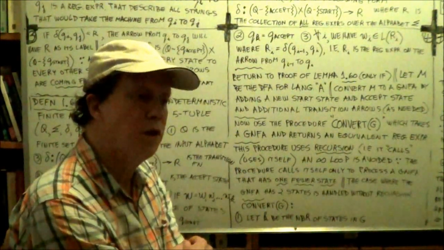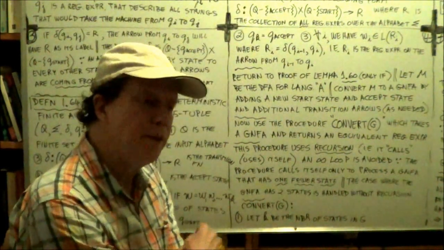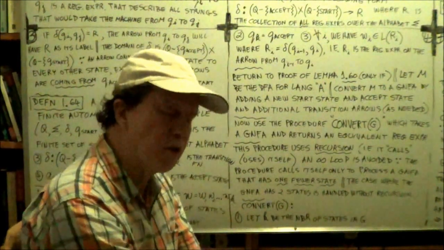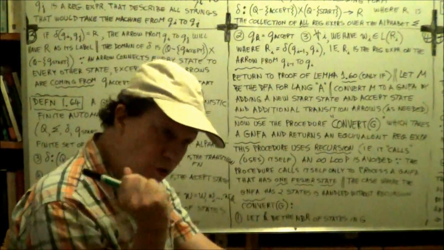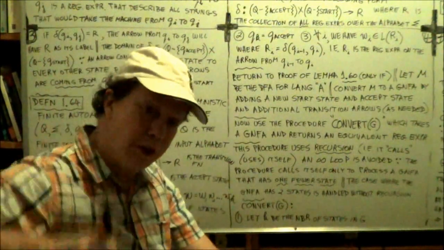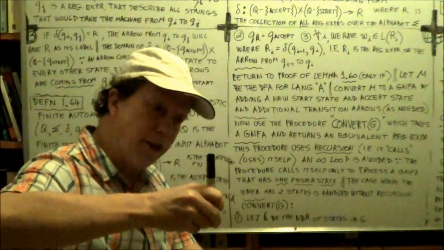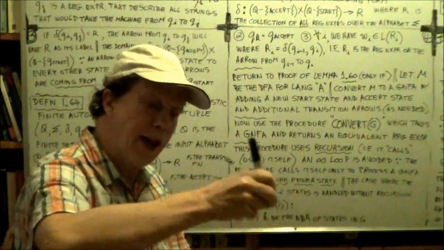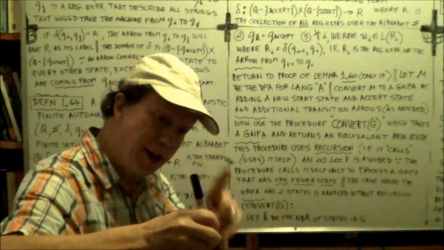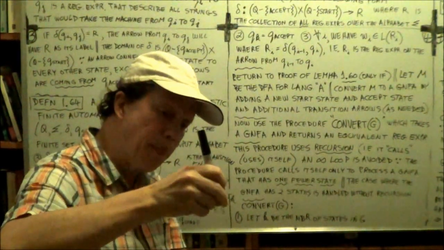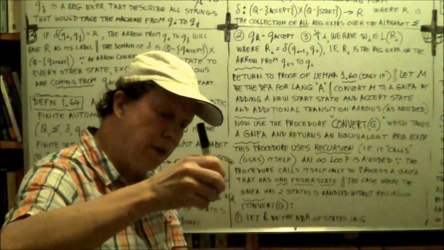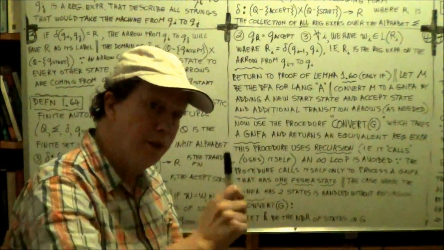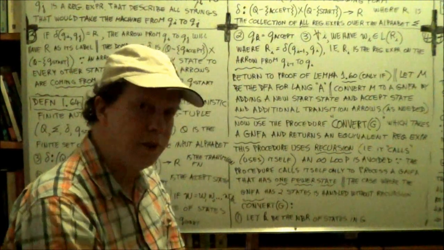So how do you go about finding that corresponding regular expression, which in turn you built from the DFA? So from DFA to GNFA to the corresponding regular expression. The question now is, how do you get from the GNFA to the final regular expression that corresponds to that GNFA?